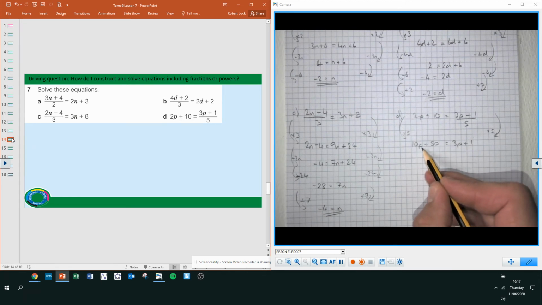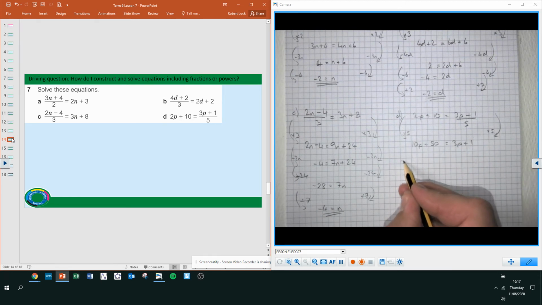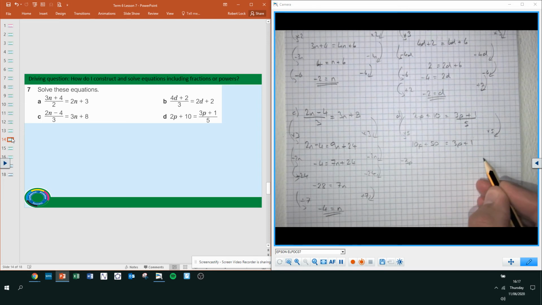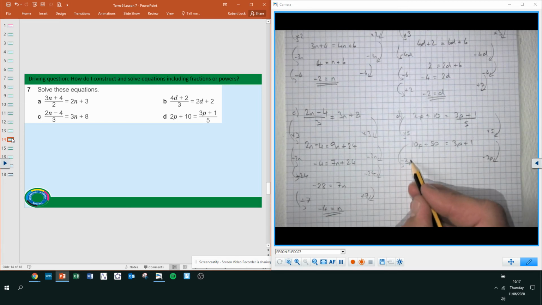Most of them are on the left-hand side, let's take away the 3p that side, minus 3p there, on both sides. 10p take away 3p is 7p plus 50 equals 1. 7p, so to get rid of the plus 50, we subtract 50 from both sides.